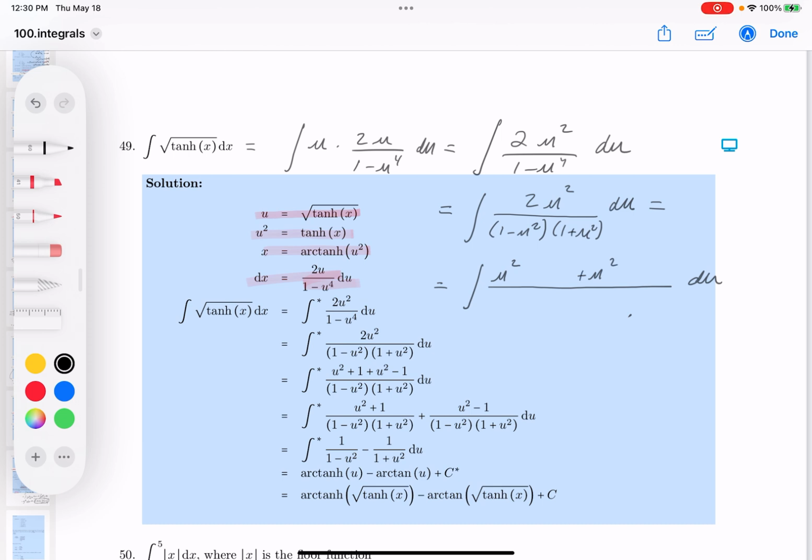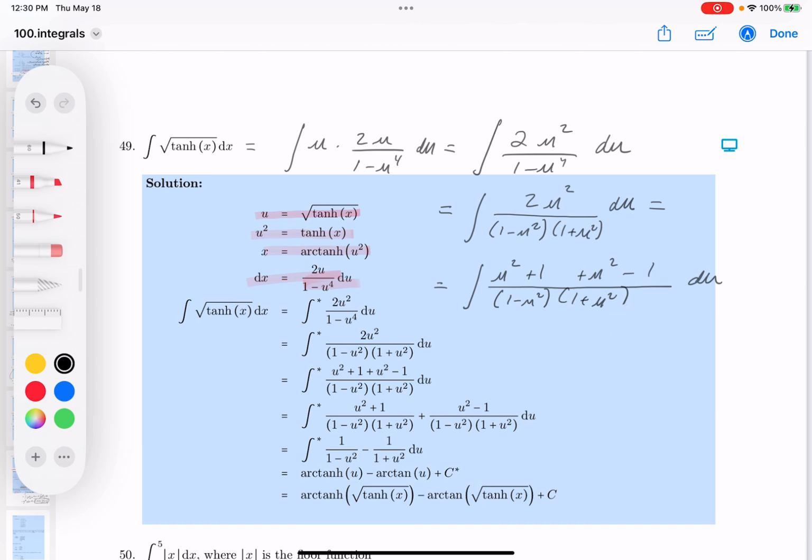That definitely gives me 2u squared. But I want to break it into two separate fractions at this point, if I can. I'm going to say plus 1 minus 1. And that's going to be 1 minus u squared, 1 plus u squared. Kind of trickier, isn't it?